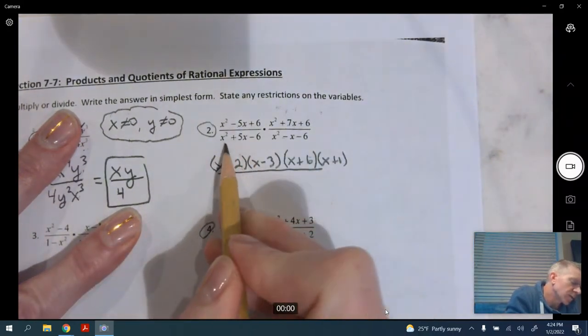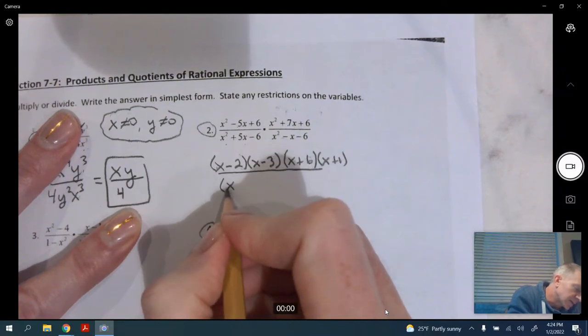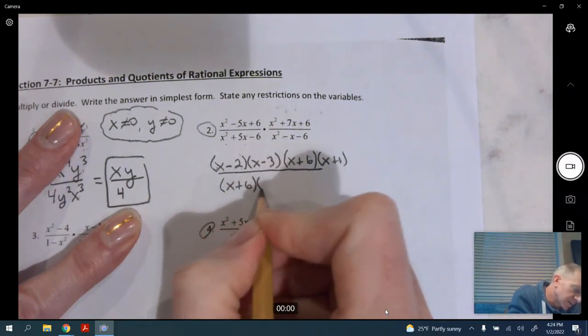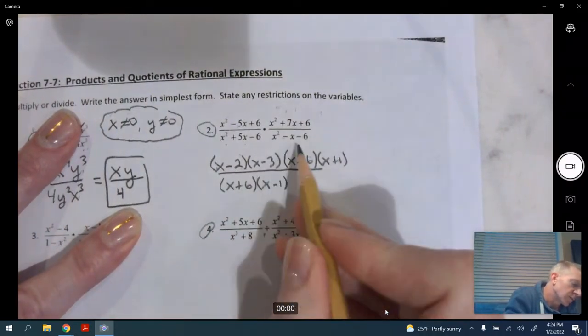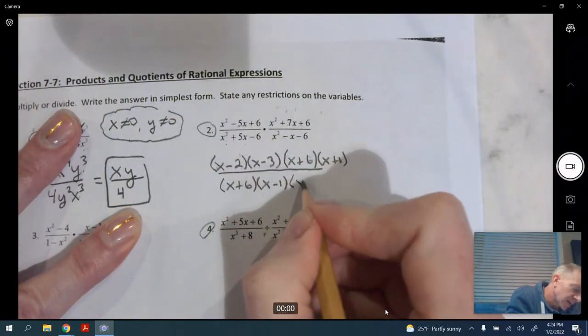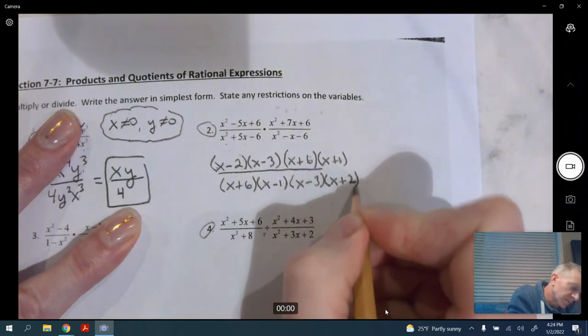On the bottom, x squared plus 5x minus 6 factors into x plus 6, x minus 1. And then x squared minus x minus 6 factors into x minus 3 times x plus 2.